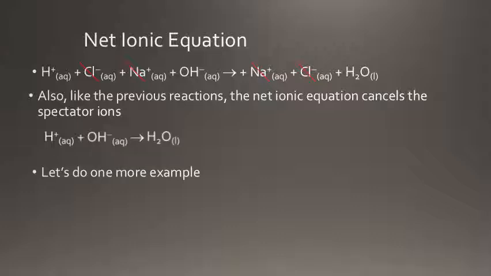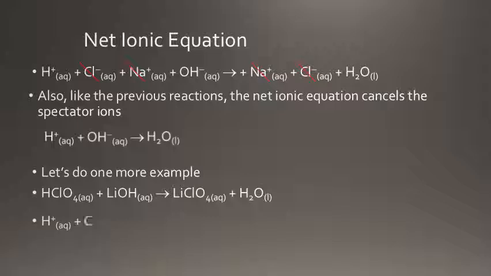Let's do one more example, our perchloric acid lithium hydroxide reaction from before. There is the molecular equation. When we write the total ionic equation, we'll write out H plus aqueous plus our perchlorate ion, aqueous, plus lithium plus aqueous, plus hydroxide.